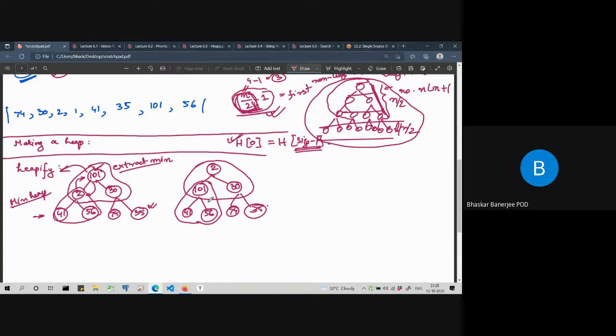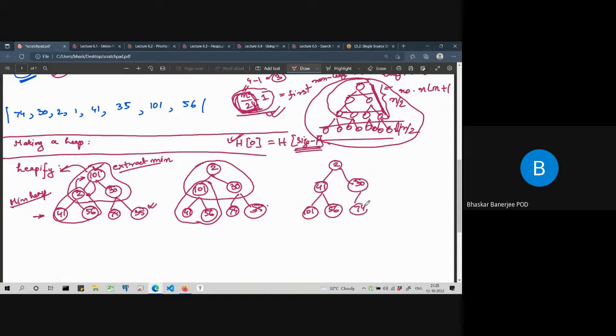So again I do the same step. Again I do exactly the same step which I did. I would compare 101 with 41 and 56, find the minimum and place it. So 2 would be here and the minimum is 41. Swap 101 with 41. Put 56 over here. 30. 74.